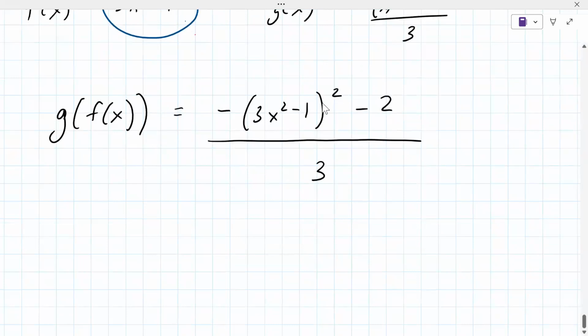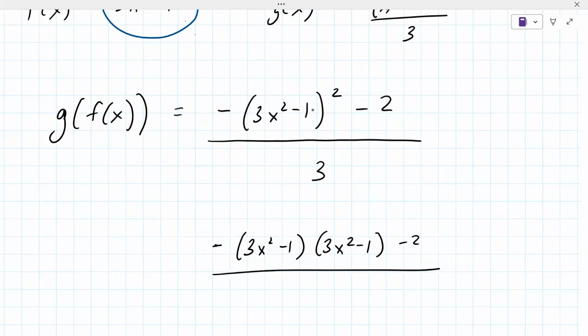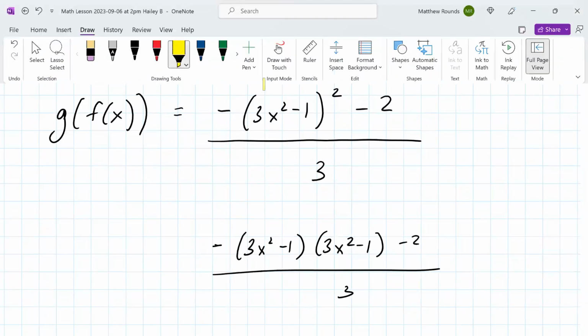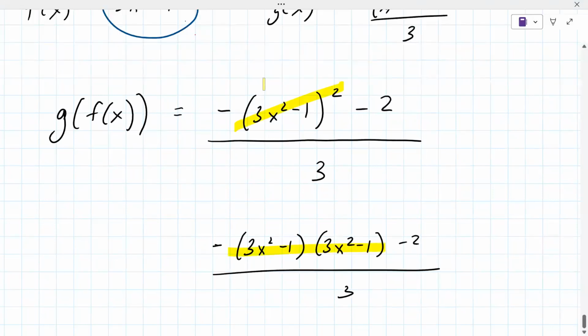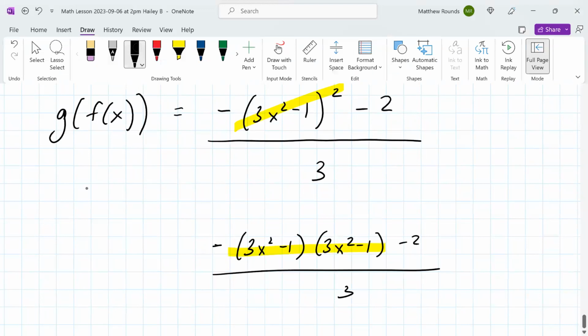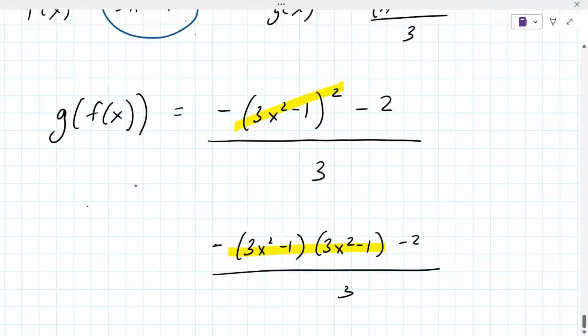All right, now the squared here becomes, just like in the previous one we did, you have to multiply these together. So this right here becomes these two. You can see that. And again, you have to FOIL.